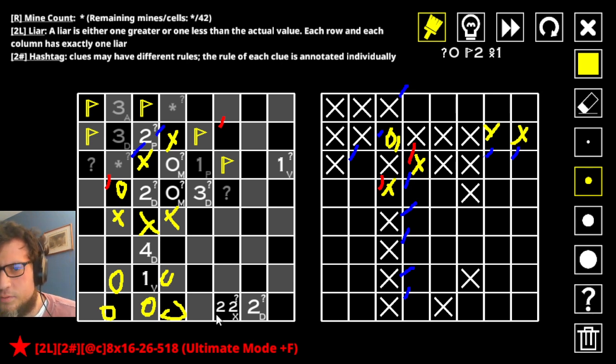So if this is a liar, it forces that to also be a liar. Puts all those in, this is honest, so then one, yeah, okay, no, it's fine. Same with this and that together. Okay.